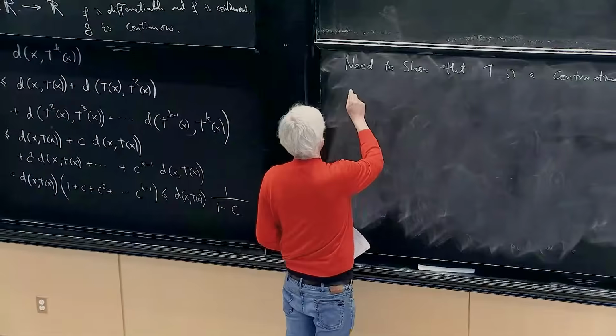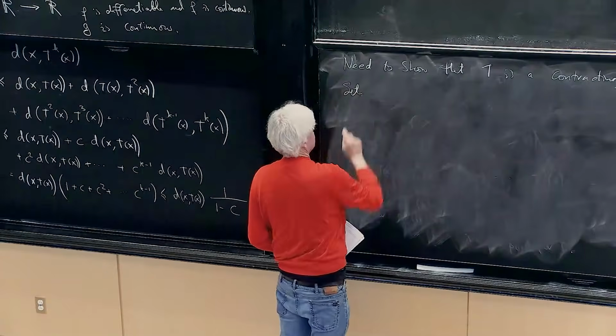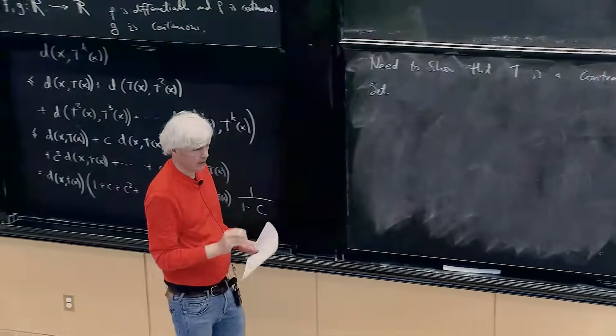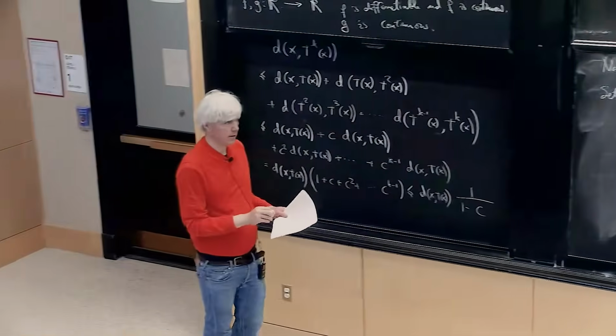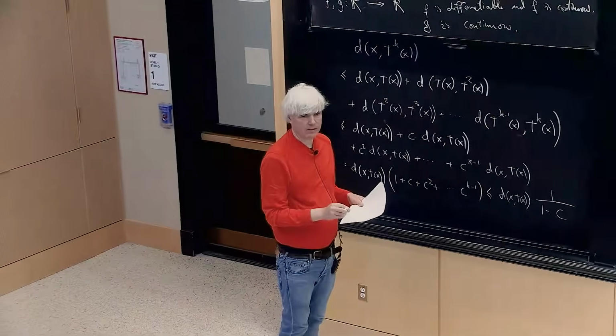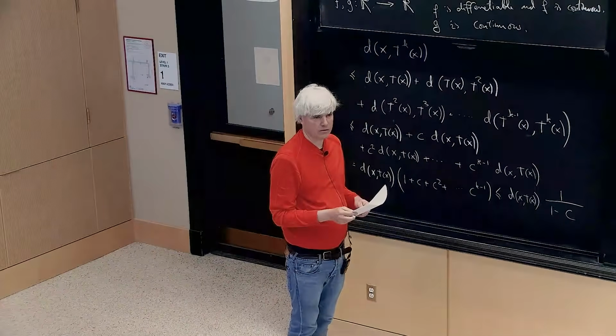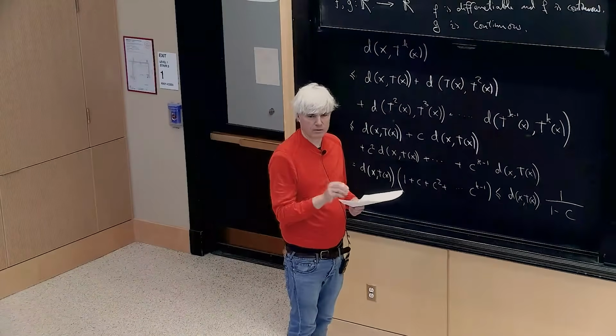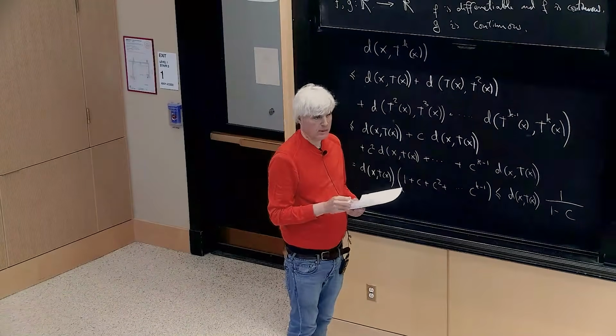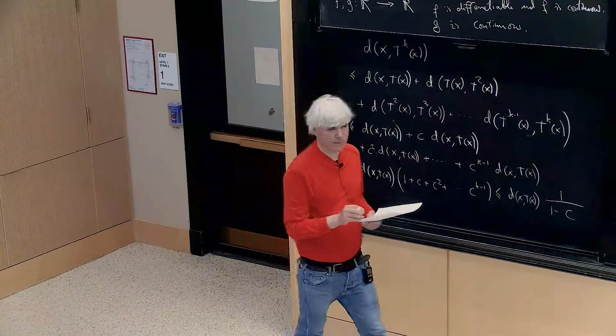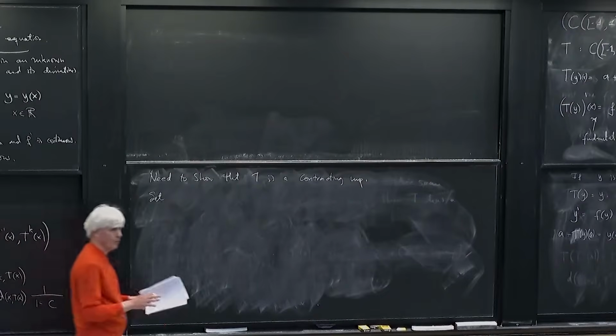I have to define a number of things, because T is not going to be contracting on the space of continuous functions. So I have to look at some subset of continuous functions, and the right subset is just a closed ball.